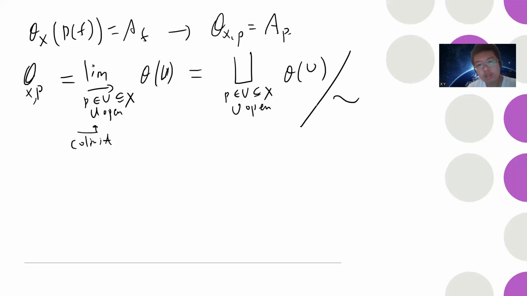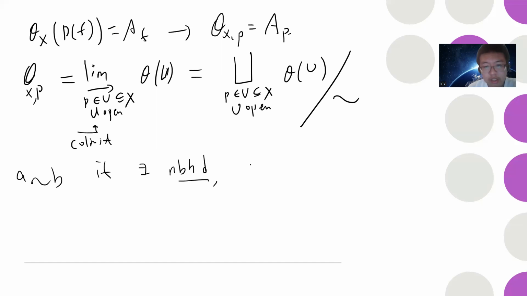This quotient means that wherever you see, let's say, a and b, a is equivalent to b if there's a neighborhood. Now, since I already proved that the distinguished open sets are a basis, I can freely focus only on the distinguished open sets.